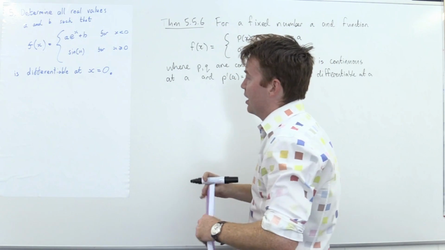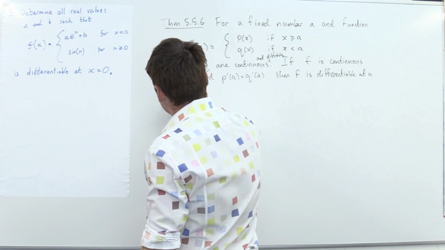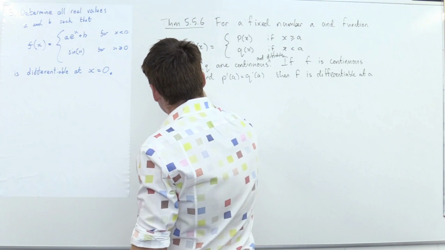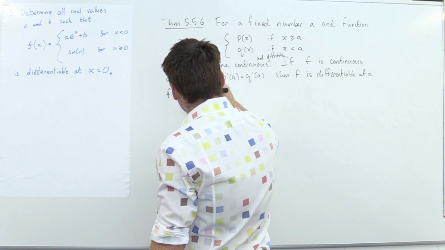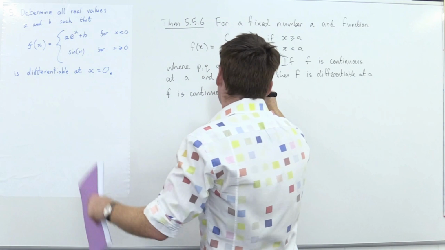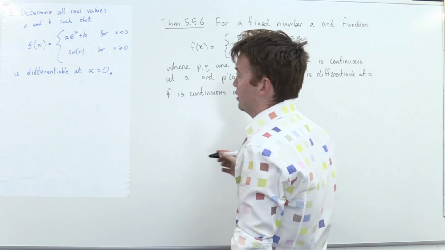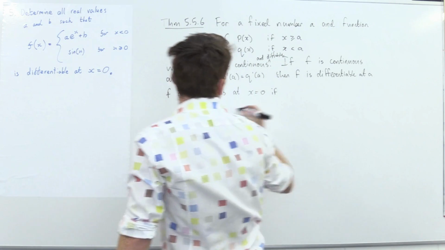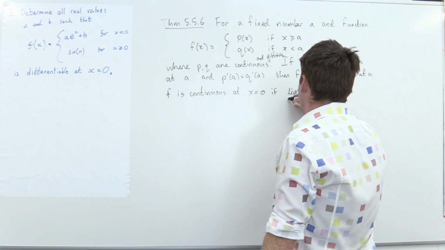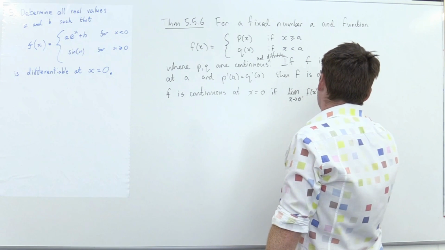f is continuous at a, say at x equals 0, if the limit as x goes to 0 from below of f of x equals f of 0.